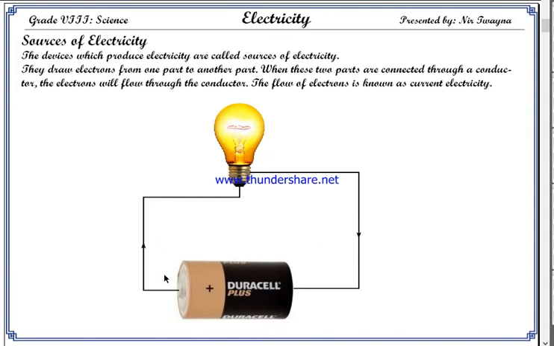Yes, the arrow is just opposite. It is because batteries and electric circuits were discovered much earlier than electrons. When the battery and electricity were discovered, electrons were not discovered yet. And scientists of that time thought that electricity flows from the positive terminal to the negative terminal.